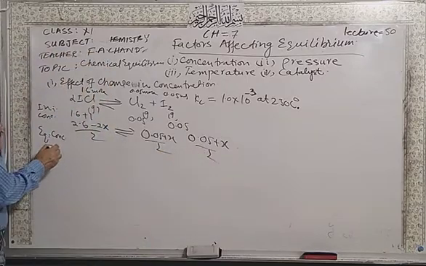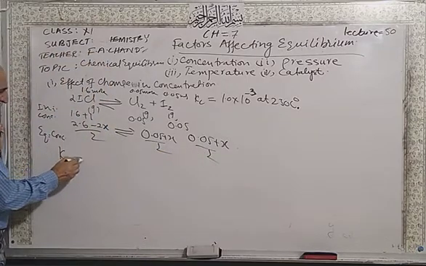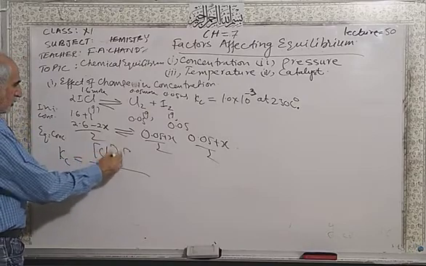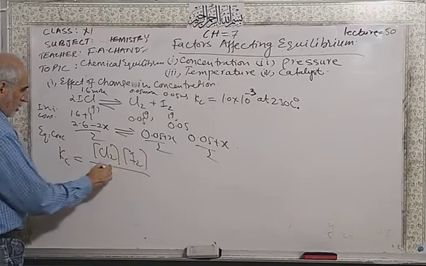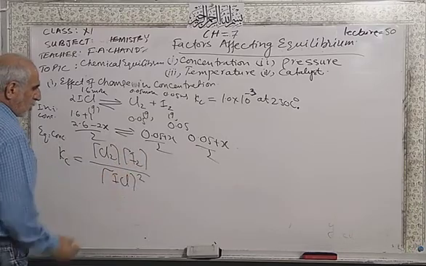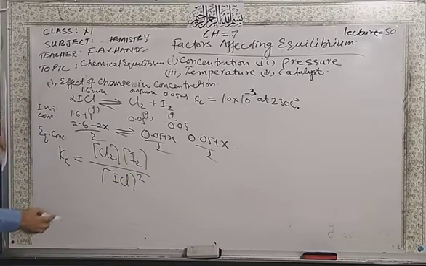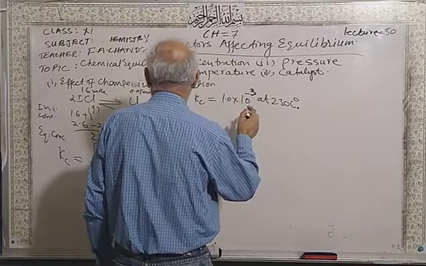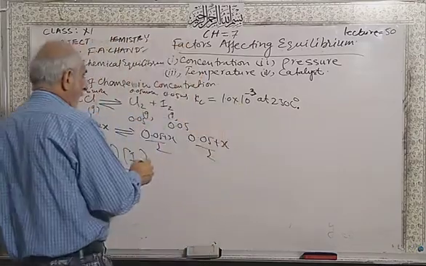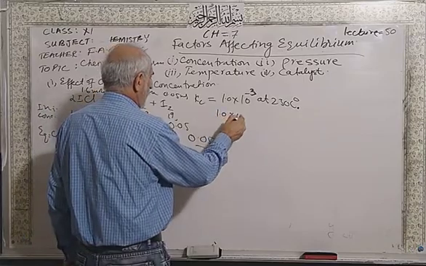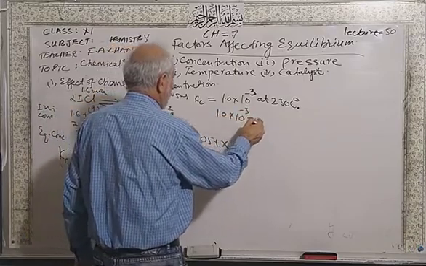So according to the law of mass action, concentration of products over concentration of reactants, then the value of Kc you know. Kc value is 1.0 × 10 raised to the power minus 3.